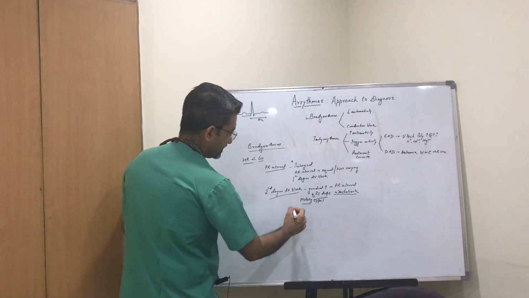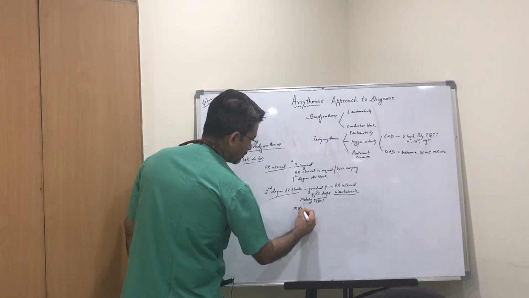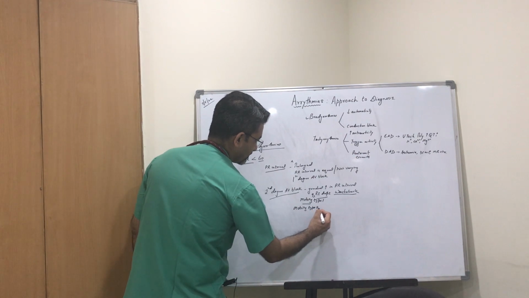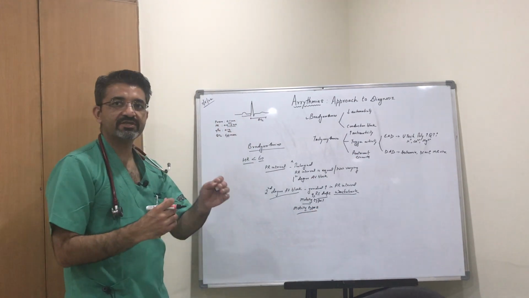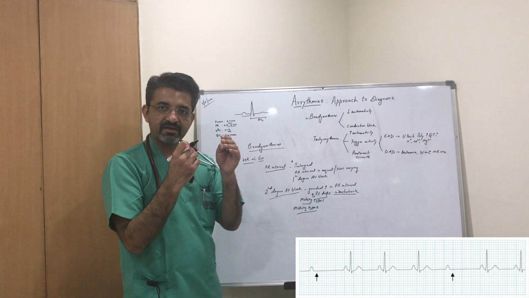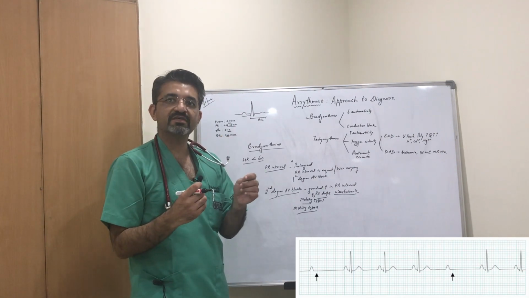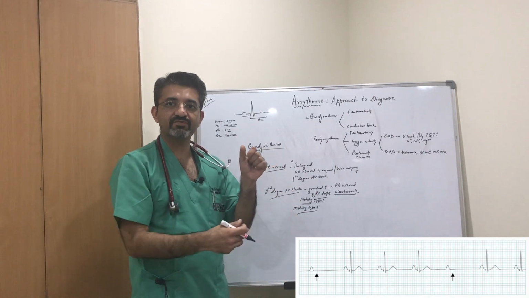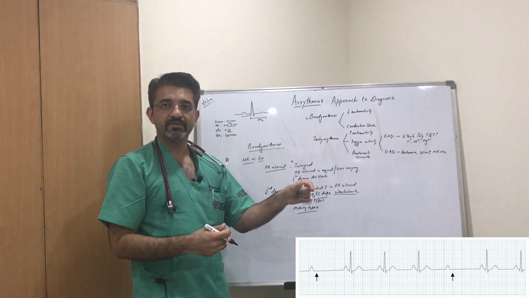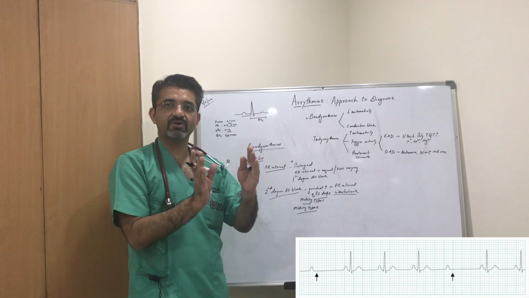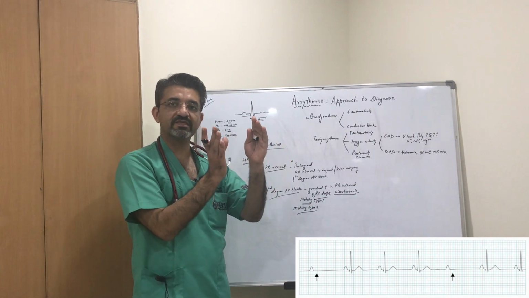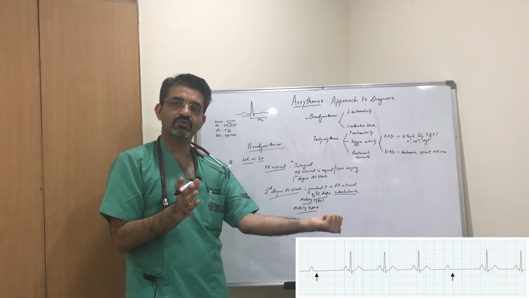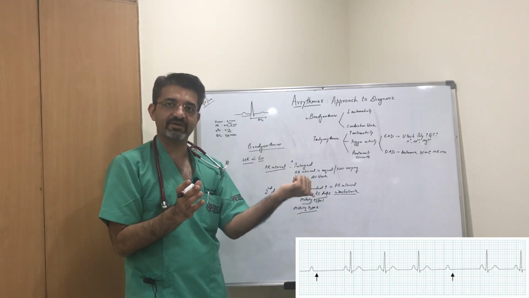What is Mobitz type 2? In this, there is no gradual prolongation of the PR interval. The PR remains normal, but suddenly one beat is not transmitted. So there is a focal block, right? So the RR interval does not vary from beat to beat, but there is a sudden loss of transmission of one P wave from the AV node to the LV myocardium, right?